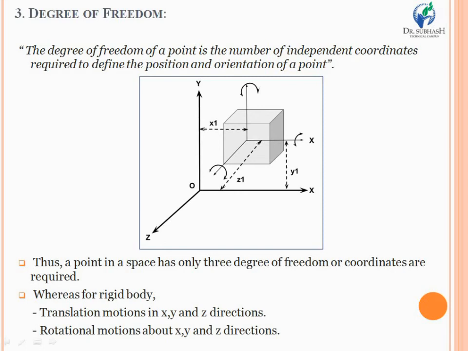So any point located in any geometry can be very effectively identified by 6 parameters: translation motion in x, y, z directions, whereas rotational motion about the same x, y and z directions. So we can say that the cube or the point on the cube has 6 degrees of freedom, because in all 6 directions we can have the determination of that particular point.